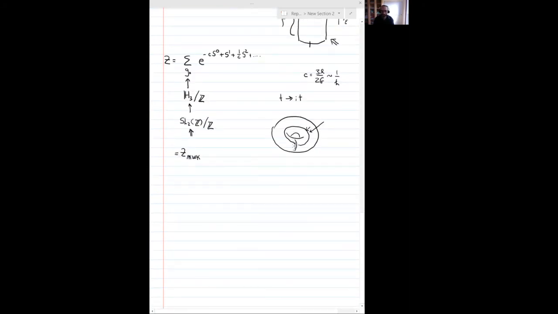I'll just tell you what the corresponding spectrum looks like. So in particular, if you think about this as a trace of Q to the L0, Q bar to the L0 bar, where Q is the usual variable associated to the modular parameter tau, and L0 and L0 bar are energy plus or minus angular momentum, you can extract from this the spectrum of the theory.